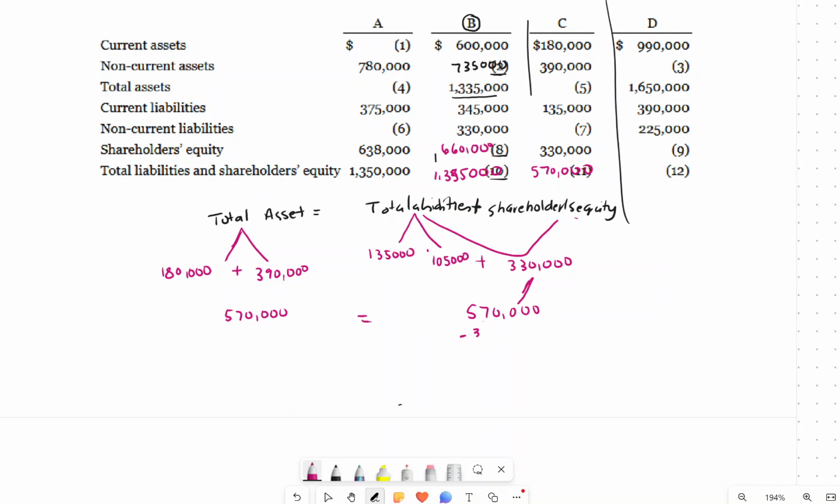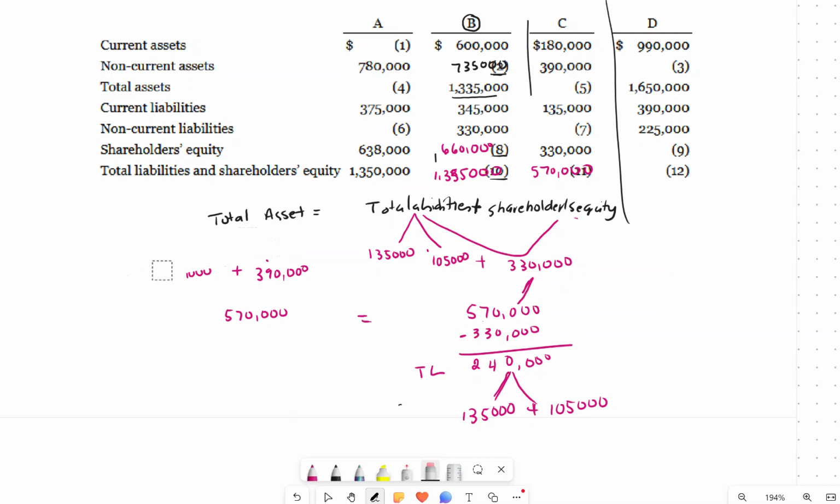The other way to do it is I take 570 minus the 330. It will give me 240, and that will be your total liability. This total liability has current, which is 135,000, and 105 will be your non-current. If I add these two numbers, they should be equal to your 240,000.